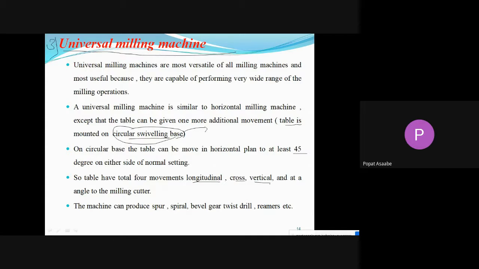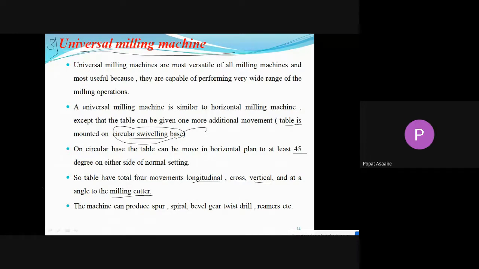But because we have mounted our table on the circular swing base, in the universal milling machine we get another movement, the angular movement. That means we can rotate the table at 45 degrees. That additional movement we can achieve in the universal milling machine.